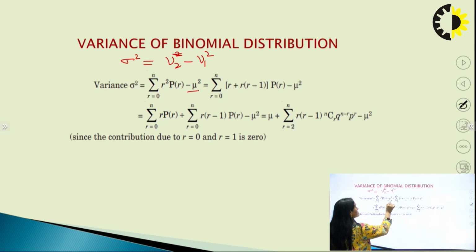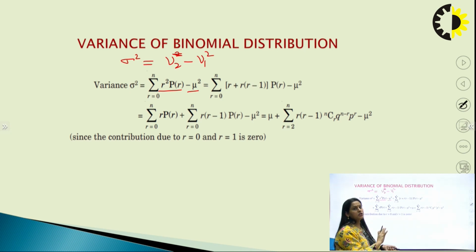Nu1 is always mu, and nu2 is summation r square P(r). Again on summating from 0 to n, we can find the variance of the binomial distribution. This is one way to find the mean and variance.